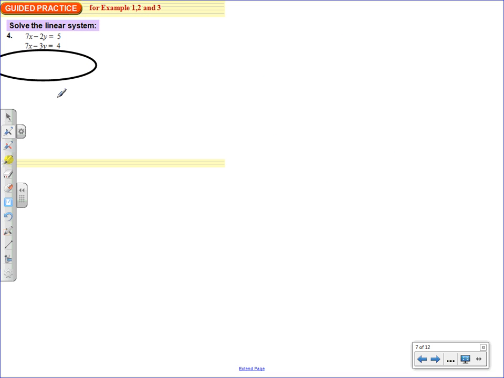In this example, this is where we're going to talk about subtracting as adding the opposite. Here are my two original equations. And if you look, I do not currently have any opposites. However, my x variable has the same coefficient. So in order to get opposites, I'm going to subtract, or as I prefer to call it, add the opposite.